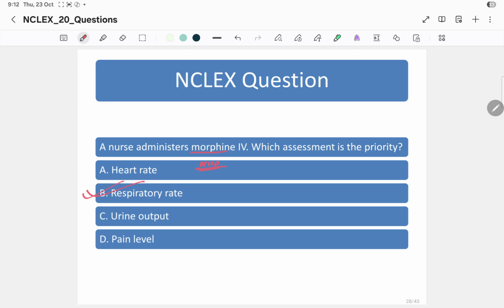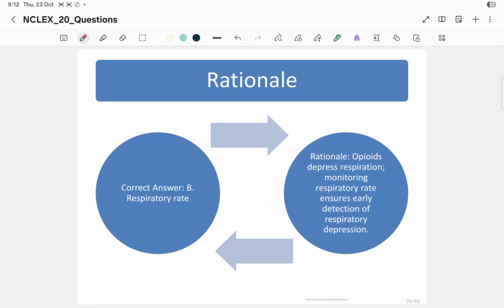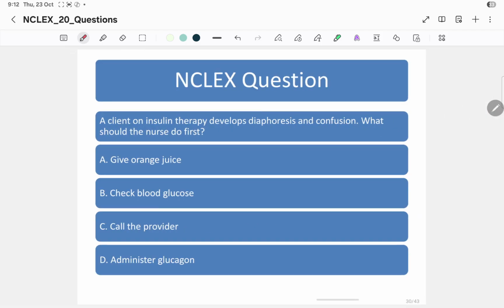So that's why we need to check respiratory rate prior to morphine administration. Rationale: opioids depress respiration. Monitoring respiratory rate ensures early detection of respiratory depression.